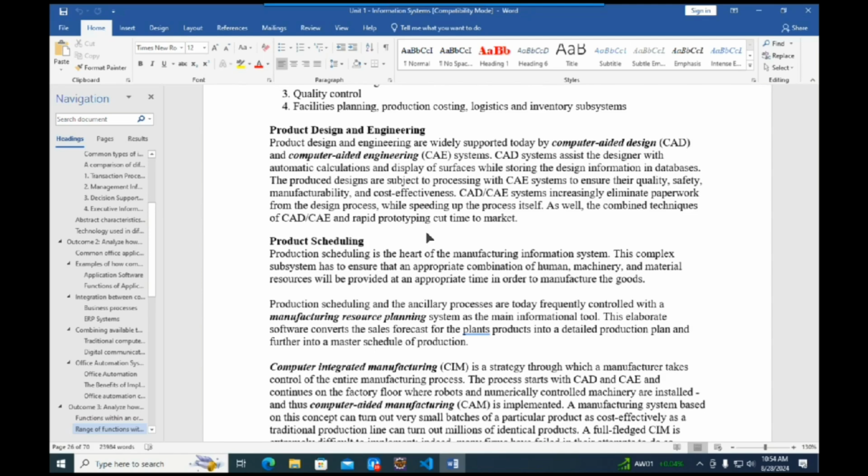I mentioned CAD in the other classes, and it stands for computer aided design. We also have CAE, which stands for computer aided engineering systems. Computer aided design systems help the designer with automatic calculations and showing the interfaces, while the design information is stored in the databases. They are tools that help engineers in the designing processes.